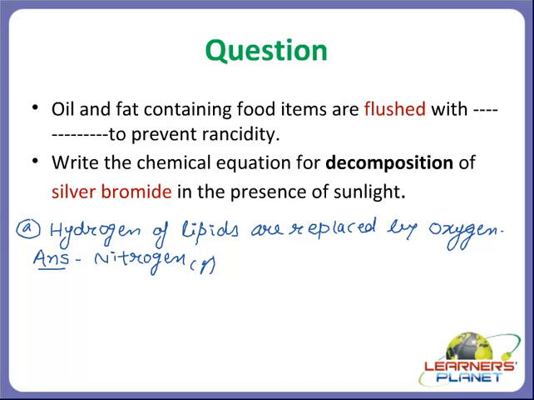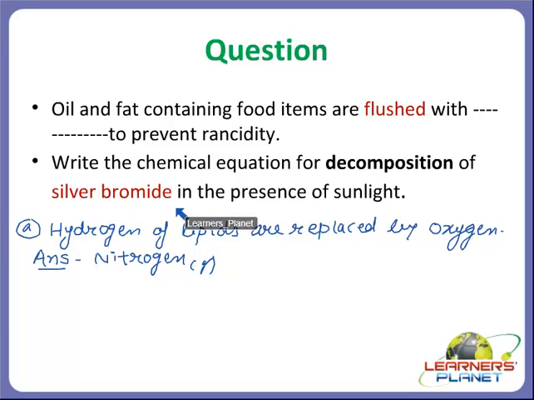Now this nitrogen, in place of hydrogen of lipids, what will happen? This nitrogen will get oxidized and its gas will escape. Okay? So what is the answer of this question? Nitrogen. Oil and fat containing food items are flushed with nitrogen gas to prevent rancidity. Clear?